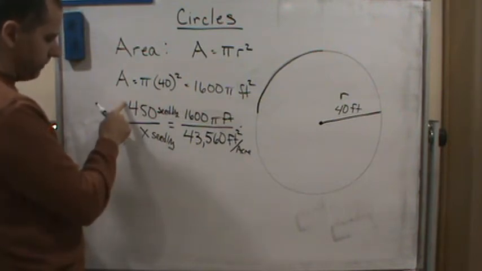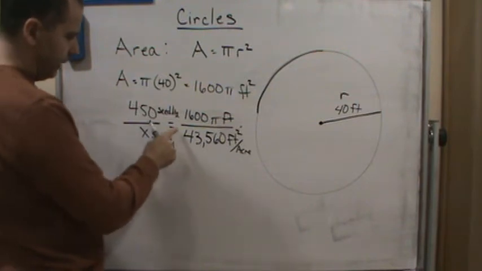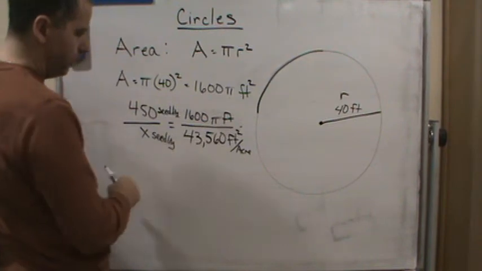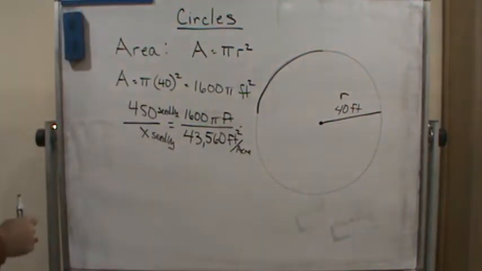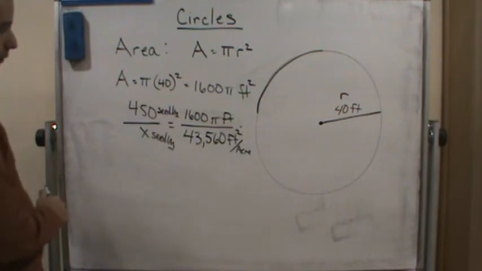So 450 over X equal to 1600 pi over 43,560 feet per acre. Okay? And so now we solve for x.